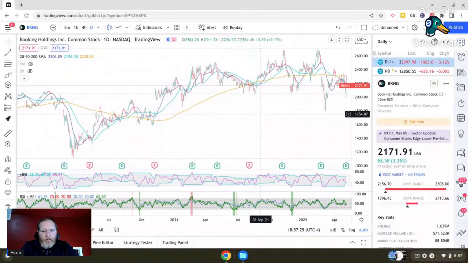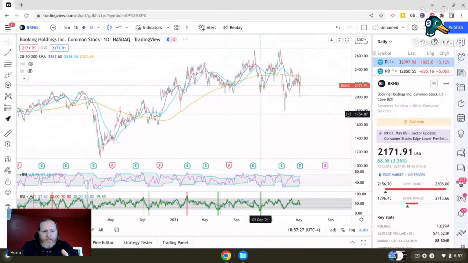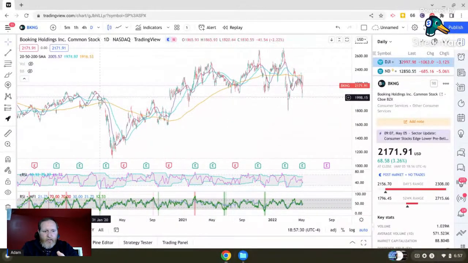If we go look at where booking was 2019, we go back to this area here. They're almost to it. It's a very expensive stock. They need to do a stock split like everyone else. But if we go back to pre-pandemic, we can really see it in January of 2020. That was kind of like their high. And they also September of 2019.